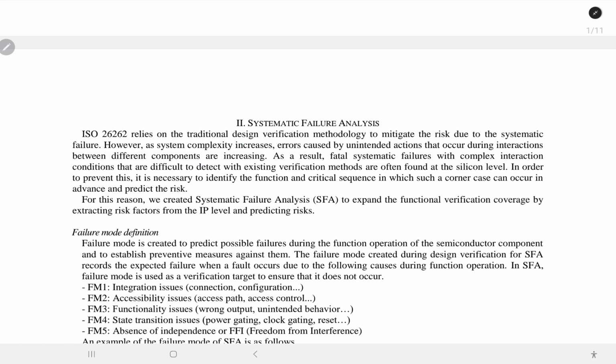As a result, fatal systematic failures with complex interaction conditions that are difficult to detect with existing verification methods are often found at the silicon level. In order to prevent this, it's necessary to identify the function and critical sequence in which such a corner case can occur in advance and predict the risk.